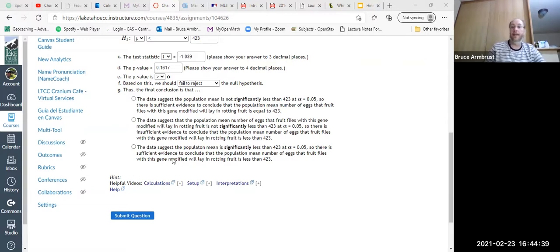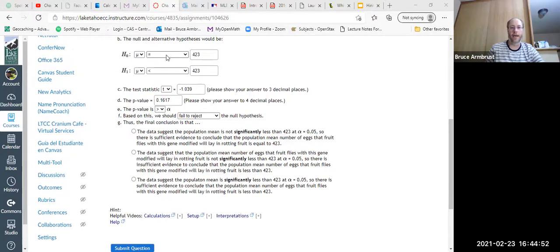Well, it's definitely not the last one, because we don't have evidence that it's less than 423. In fact, we're not willing to throw away that it's equal. So which of these first two is it? Is it there's sufficient evidence to conclude that the mean number is the same?